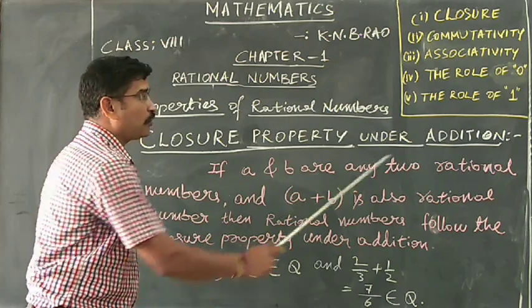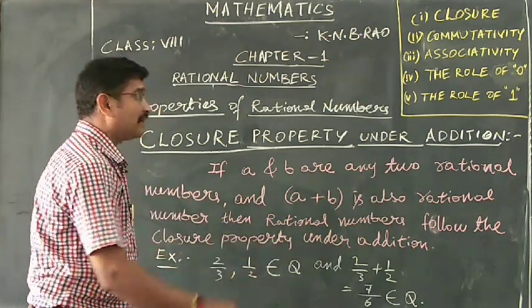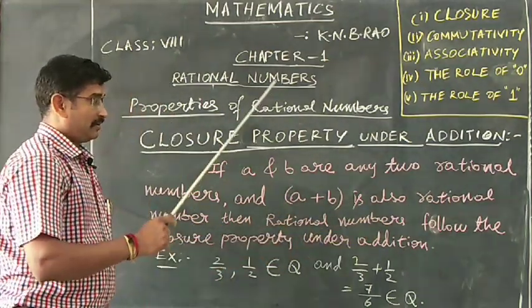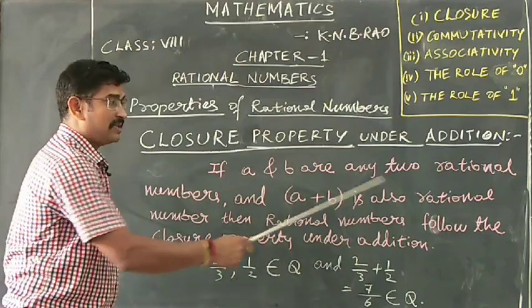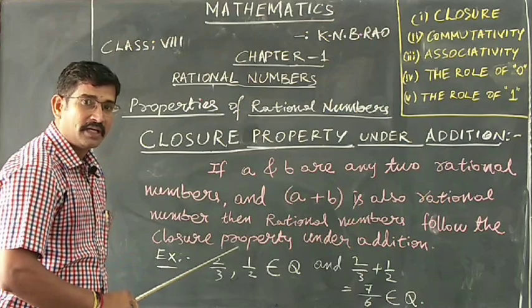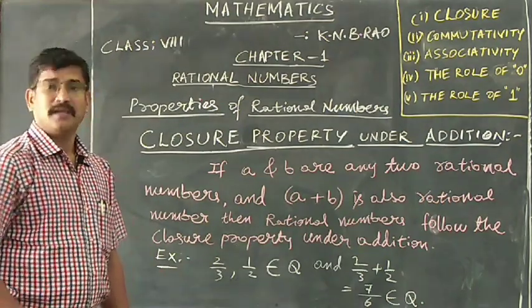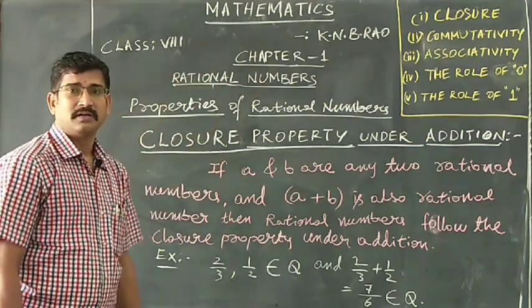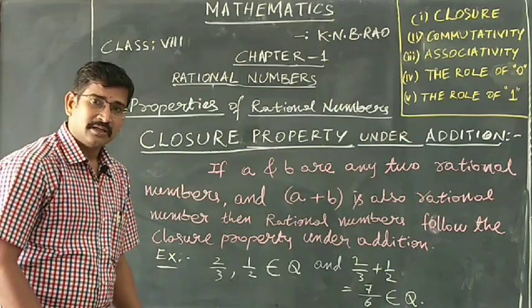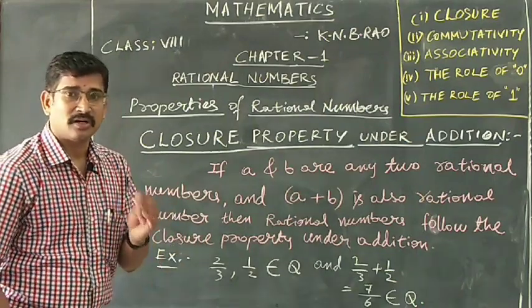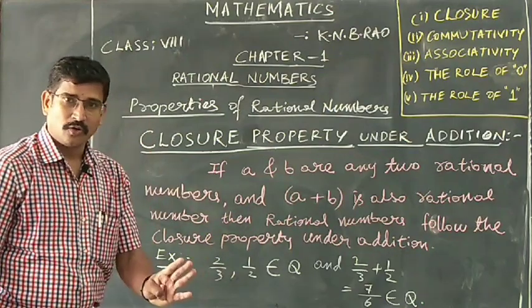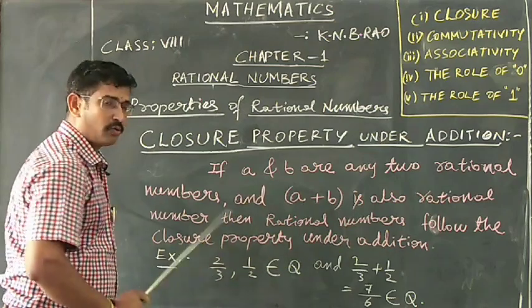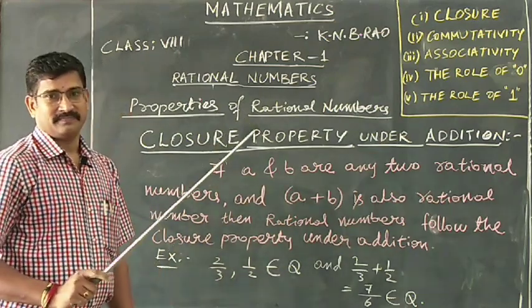If the sum of any two rational numbers is again a rational number, then the rational number set is said to follow closure property under addition. Is it true or not? You check for n number of examples. Taking any two rational numbers, do the addition and check whether that sum is again a rational number or not. If it is so, you will realize that the rational number set follows closure property under addition.